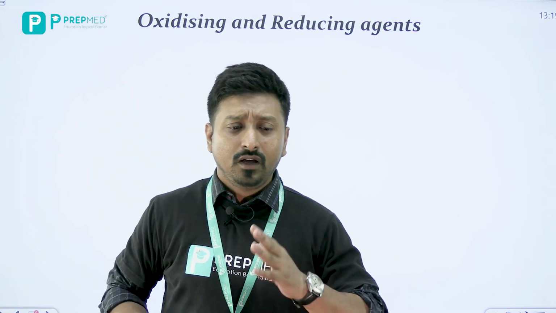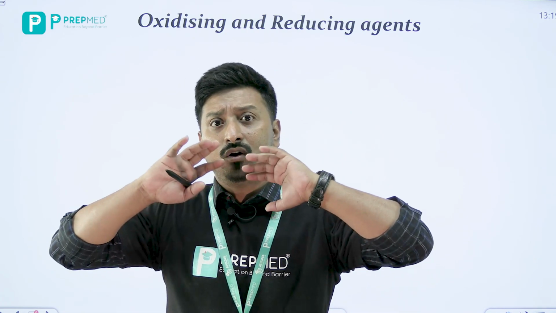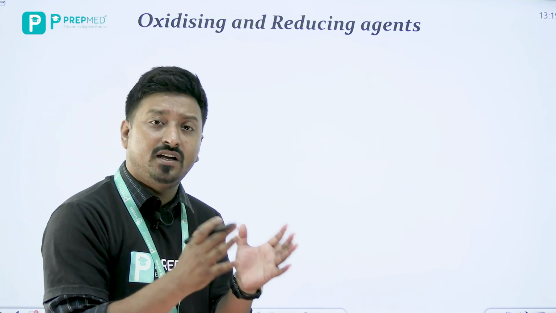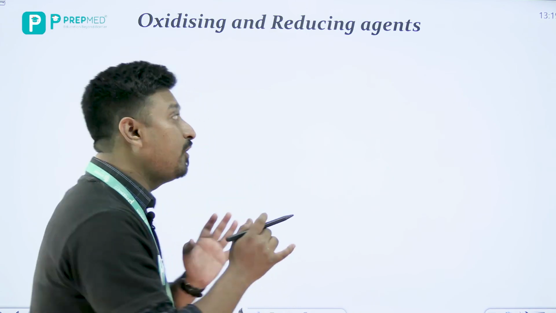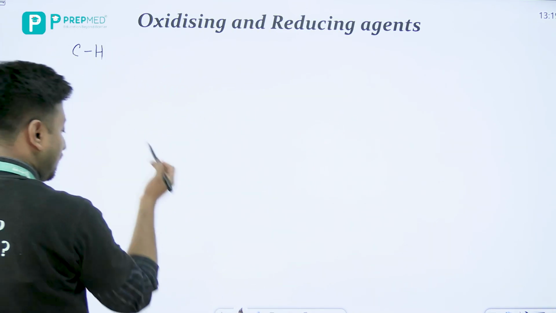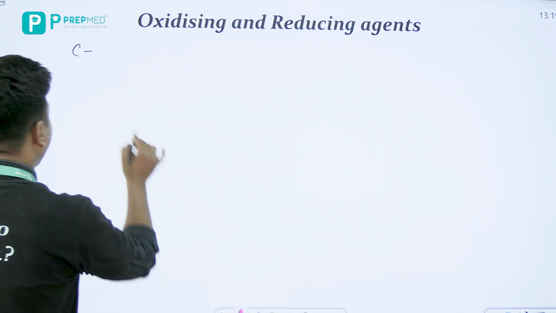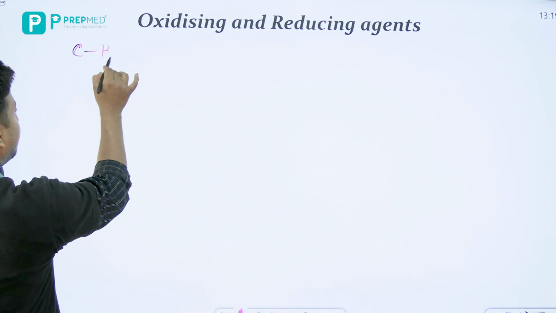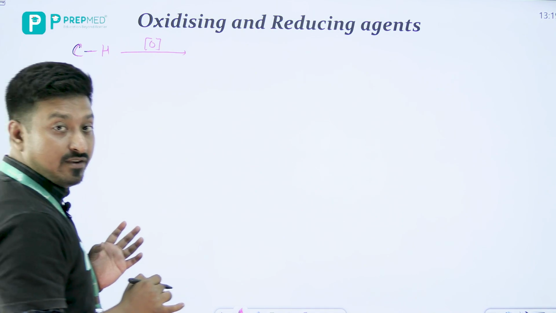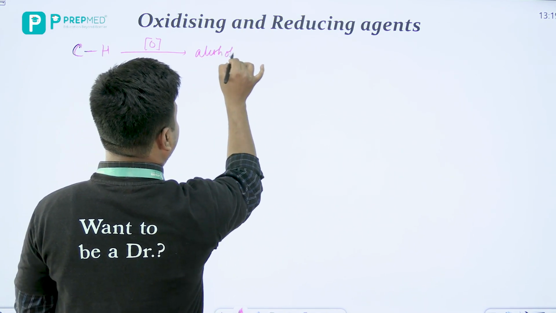Now see, fundamentally the whole thing is going on by a reaction. If I think of starting from a hydrocarbon, a simple carbon hydrogen compound, then one thing is clear: if you oxidize this hydrocarbon, you will get alcohol.